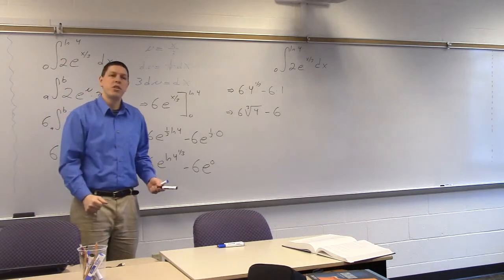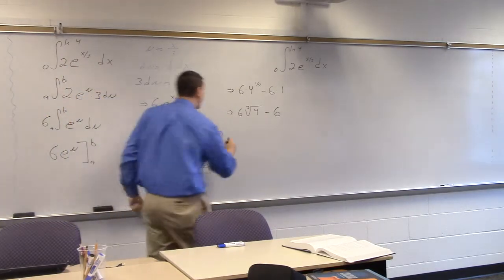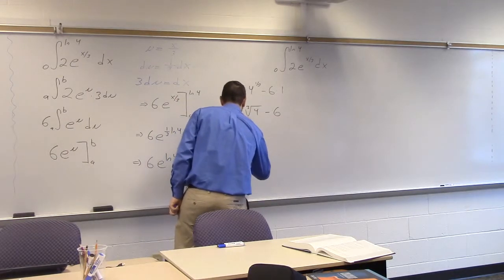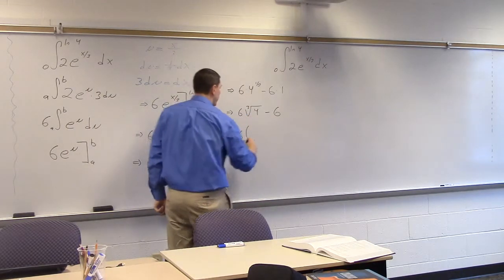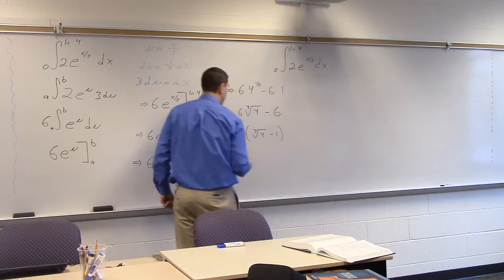Another way that you might see this written is that the 6 is factored. One other way that you can write it is 6 times the quantity of the cube root of 4 minus 1.